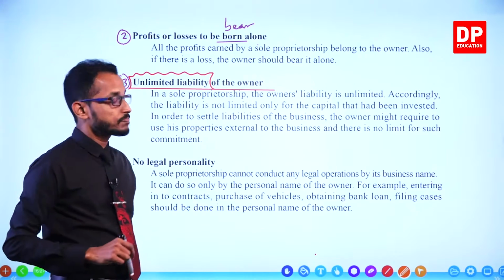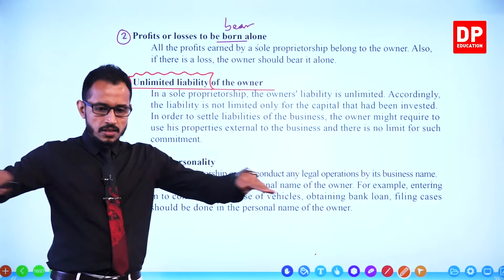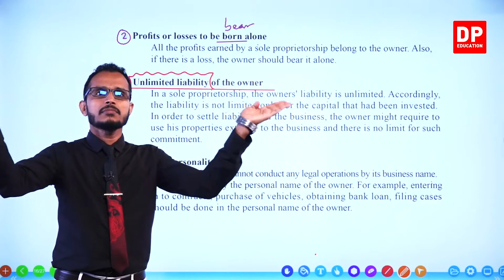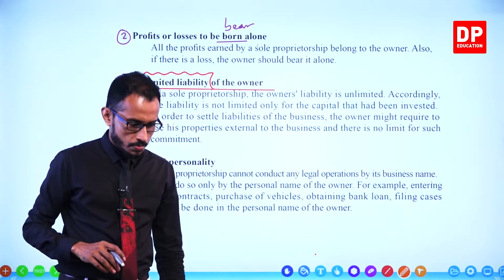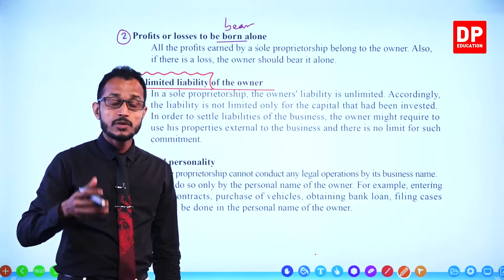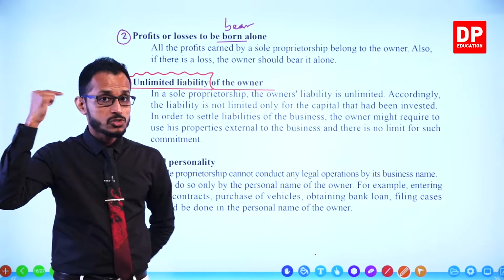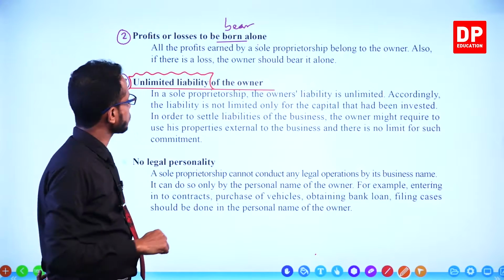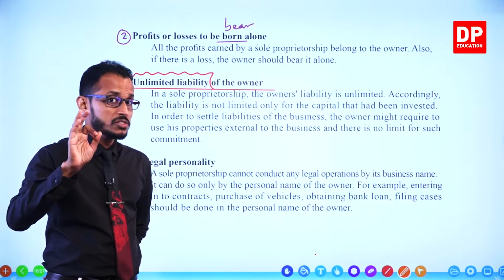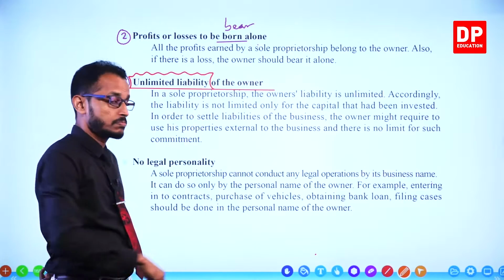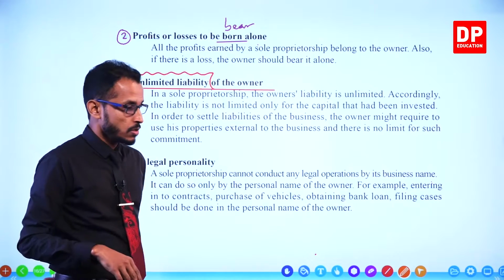The owner has unlimited liability. It is unlimited. This must be explained properly. You must learn this properly. Get this into your heads at this point. Many exam questions have come from this. Not once, not twice, many times.